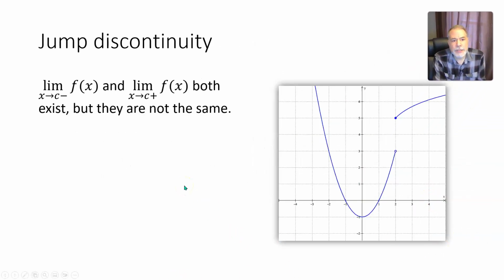A jump discontinuity is where the limit as x approaches c from the left and the limit as x approaches c from the right are two different numbers. Both of those one-sided limits exist, but they're not the same as one another. So it's like you have two pieces that do not meet up. You have this sudden jump from one level to another without going through the points in between.